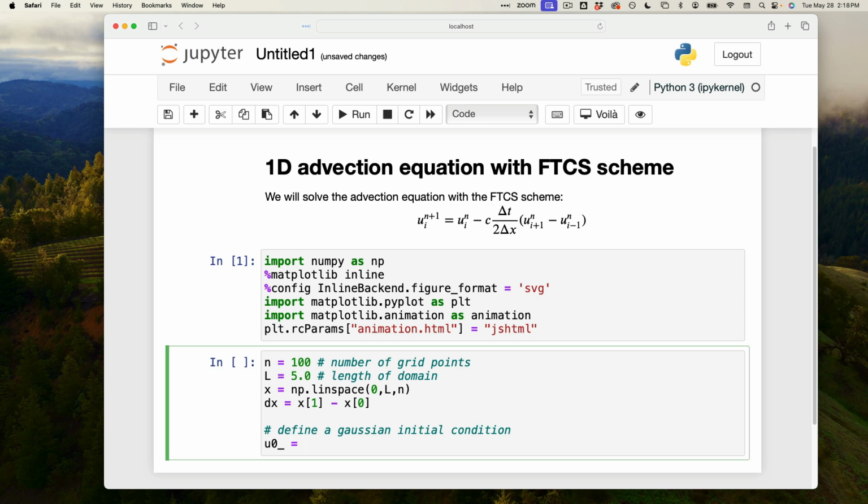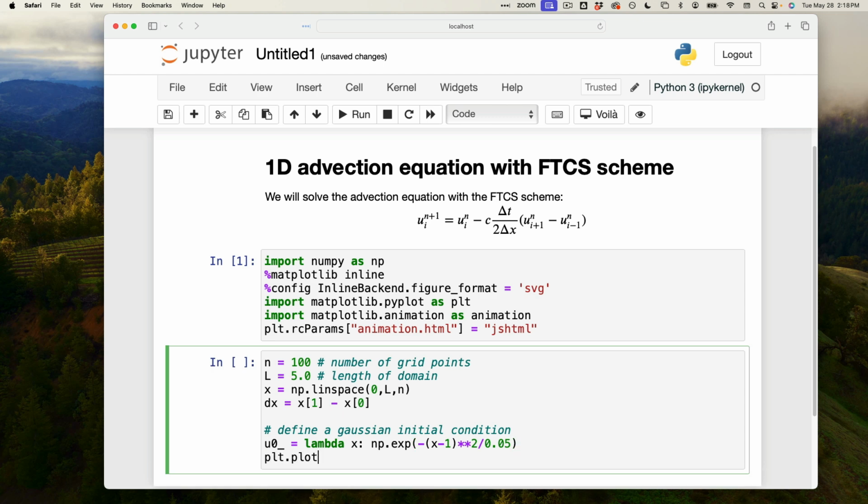A simple way of doing this is you declare a simple lambda x, and then it would return np.exp of a Gaussian centered at 1 with a standard deviation squared of 0.05. So this is e to the minus (x minus 1) squared over sigma squared, right? So sigma squared is 0.05. And then I can call u0 of x.